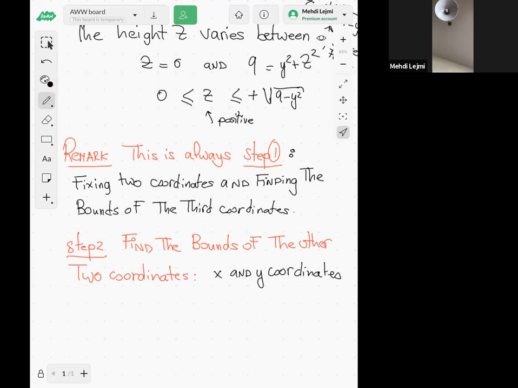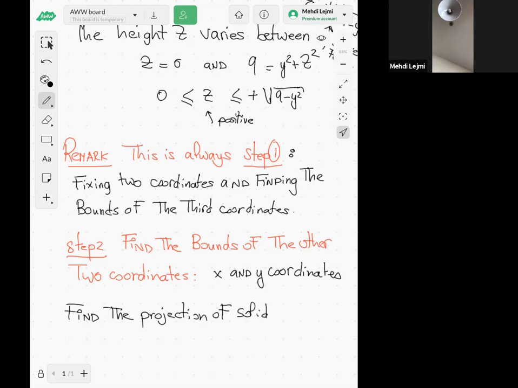Well, I tried to explain this last week. We have to find the projection of the solid into the XY plane.